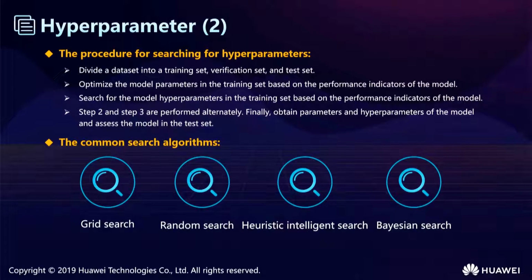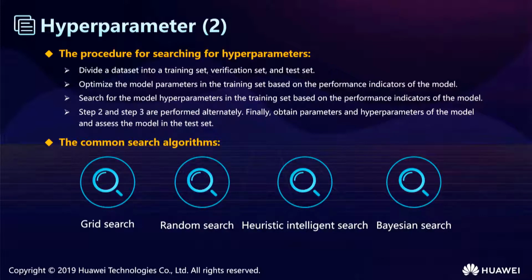And since hyperparameters are set based on human experience, how do we set them? Here are the steps for searching for hyperparameters. First, we divide the dataset into the training set, verification set, and test set. Optimize the model parameters in the training set based on the performance indicators of the model.